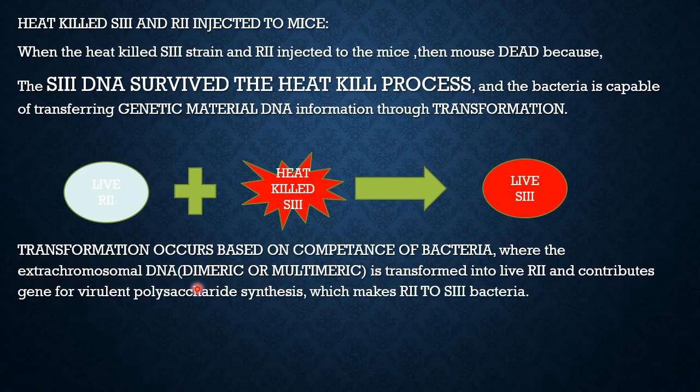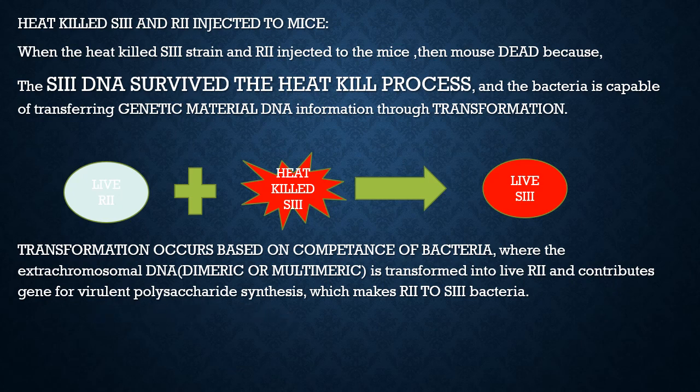So when R2 synthesizes virulent polysaccharide, it then becomes S3 bacteria, the live S3 bacteria. So the dead S3 gives the gene for polysaccharide to the live R2, which in turn turns the live non-virulent R2 to the live S3 virulent strain.